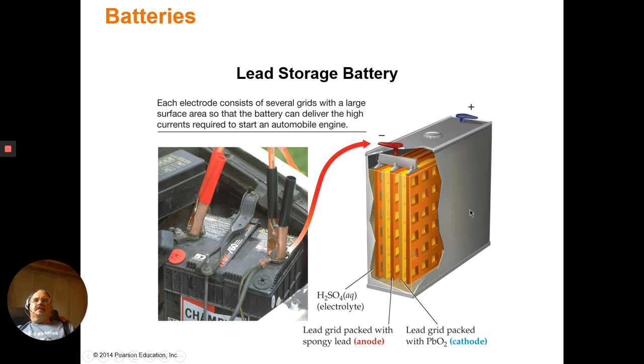Okay, a lead acid storage battery is an example of a rechargeable battery. In modern cars, they use an alternator. In the older vehicles, a generator was used. The difference is that an alternator uses alternating current.